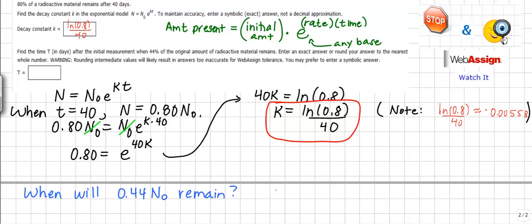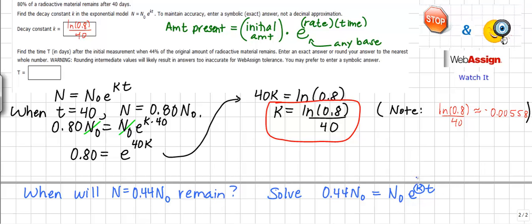So to be more descriptive here, the amount remaining is capital N. So when will capital N be 44% of N sub 0? So I want to solve the equation 44% of N sub 0 equals what my formula normally gives me at time t. Now I'm going to put a circle around k.